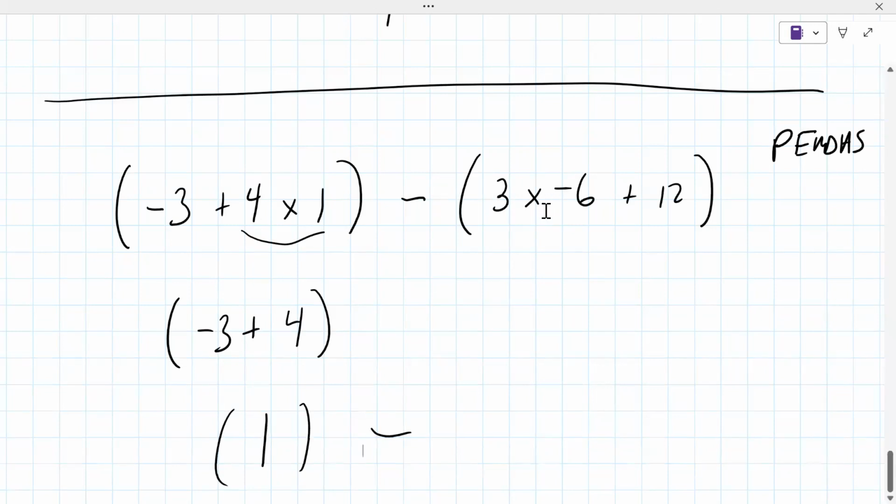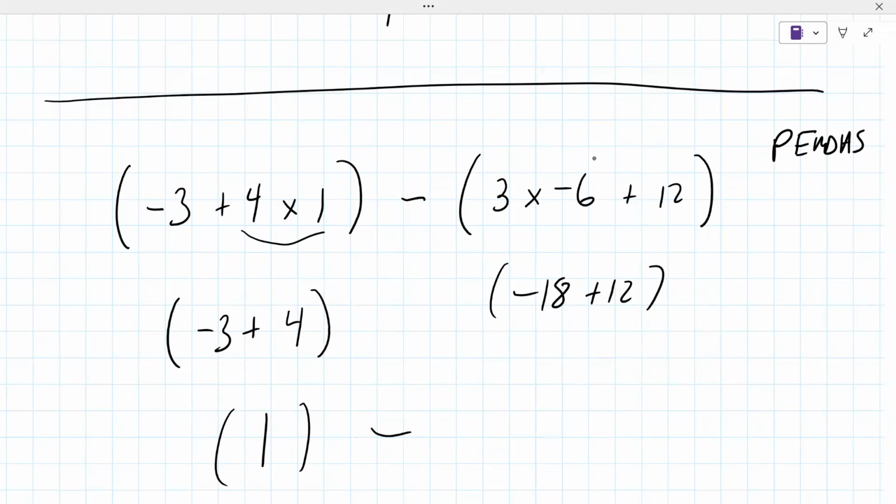What two math operations do you have? We have multiplication and addition. So you first do the multiplication, which will be negative 18 plus 12.